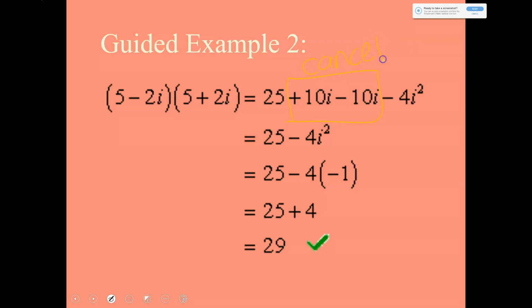Okay, so sometimes that can happen, just like when you did the double distribution of x minus 2 times x plus 2. Okay, they ended up canceling out there. All right, it's the same concept, except instead of having x's, you have an i, and you have to remember that i squared is negative 1.